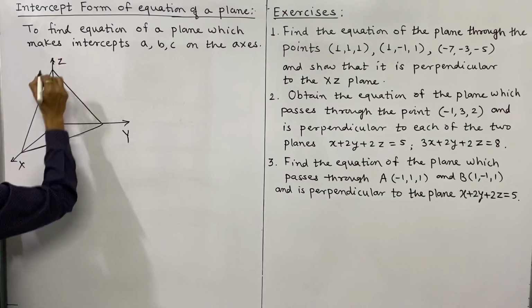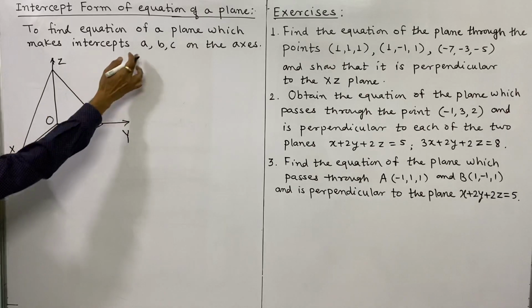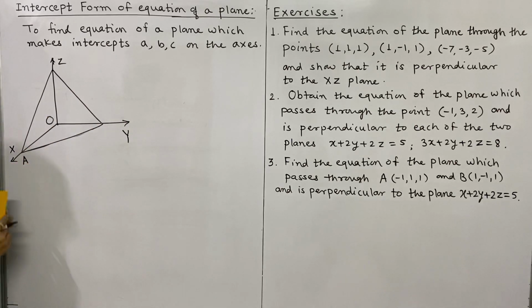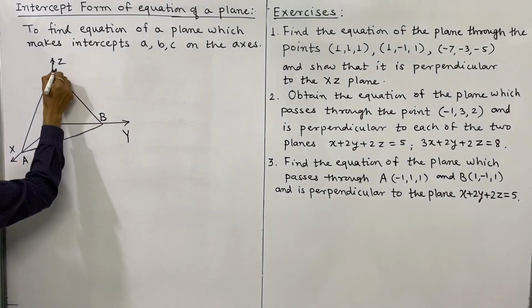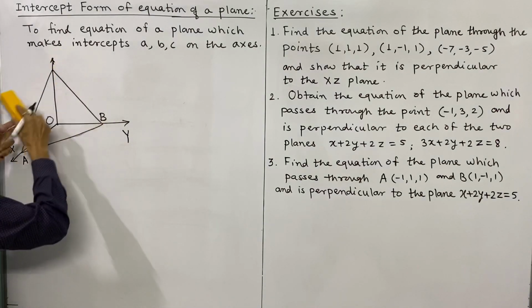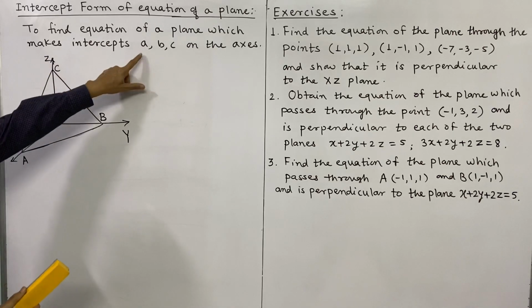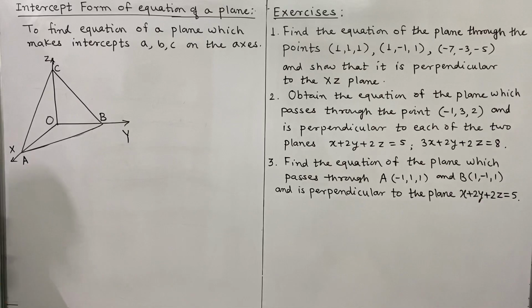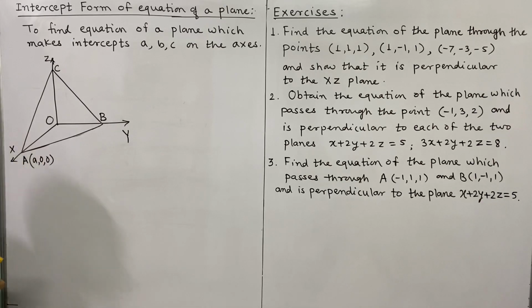And it makes intercept a on the x-axis. Means this is the point where the plane cuts the x-axis at A, the y-axis at point B, and the z-axis at point C. Then the meaning is its x-intercept is a, means the coordinates of point A will be (a, 0, 0). It cuts the x-axis at point (a, 0, 0). On the x-axis the y coordinate is 0 and the z coordinate is 0.